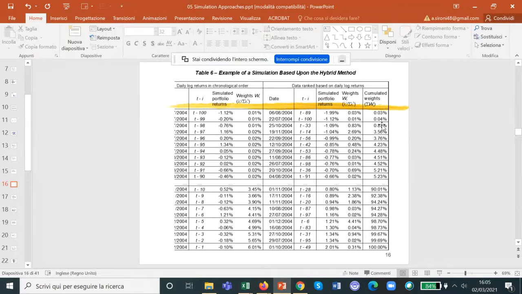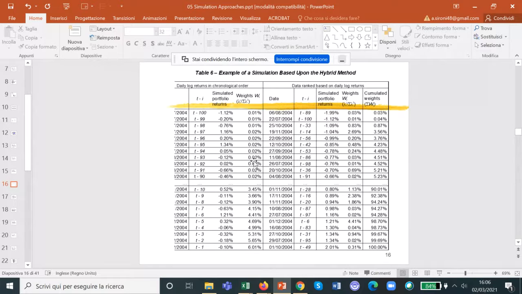And clearly, other things equal, the lower is lambda, i.e., the lower is the decay factor that I use to estimate the different weights, the more reactive the estimate.